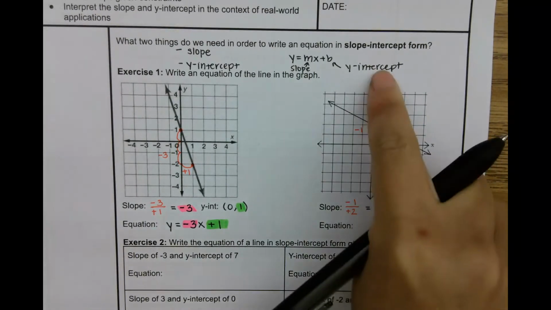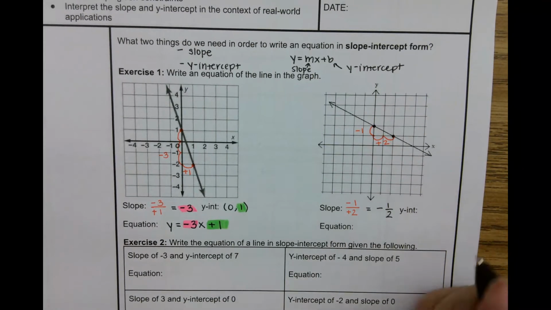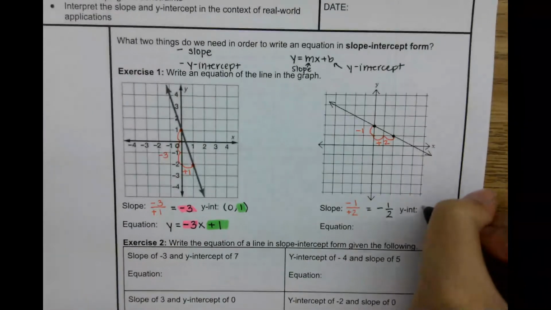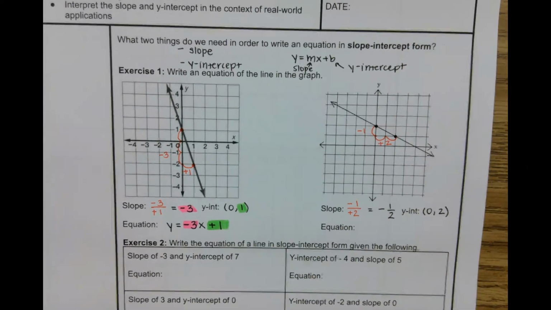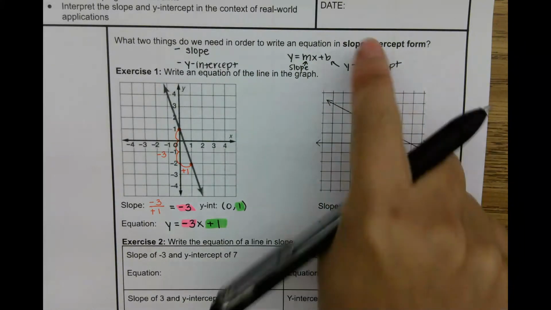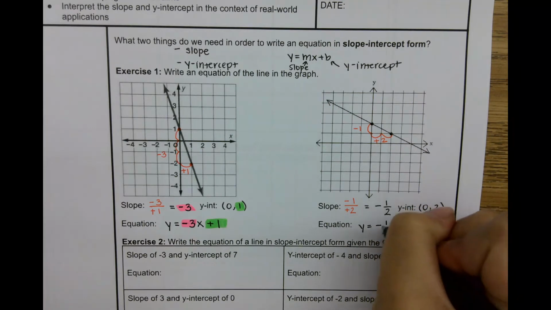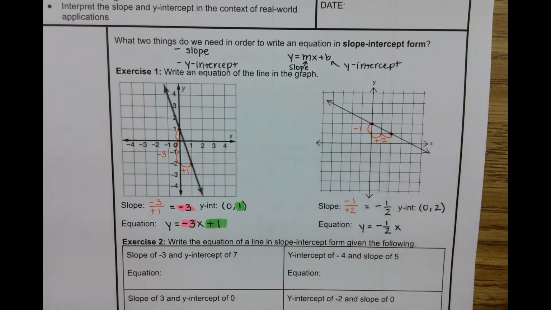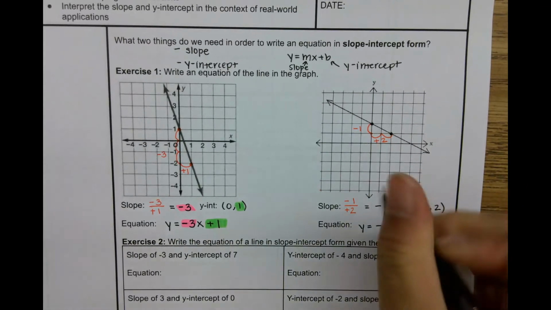Then I need my y-intercept. Where does it cross the y-axis? It does that right here, and this point is (0, 2). So my y-intercept is 2. All I have to do now is plug my slope in for m and my y-intercept in for b. So y equals mx, where m is my slope, -1/2 x, plus b, my y-intercept, so plus 2, and there you have it.